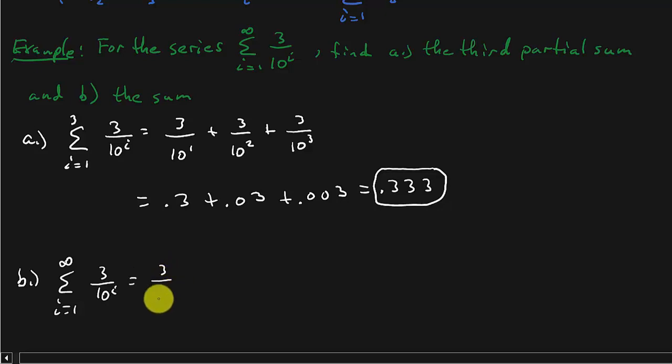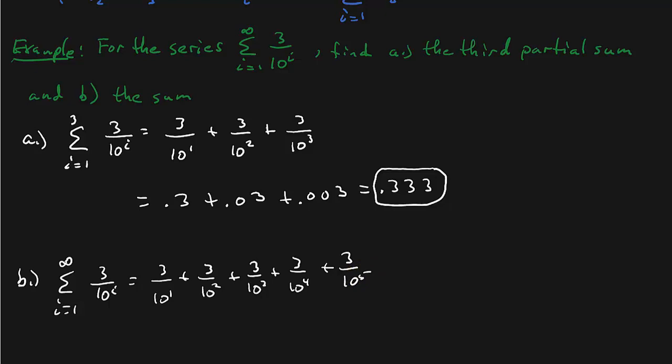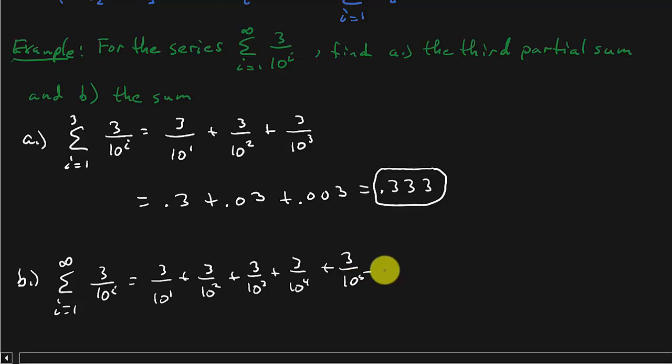So that's going to be 3 over 10 to the first plus 3 over 10 squared plus 3 over 10 cubed plus 3 over 10 to the fourth plus 3 over 10 to the 5th. Now, obviously, we would keep going plus 3 over 10 to the 6th, but there's no way we're going to write all these terms out. So we can just continue it with the plus and then the 3 dots.